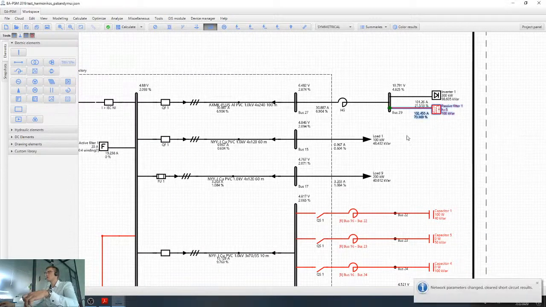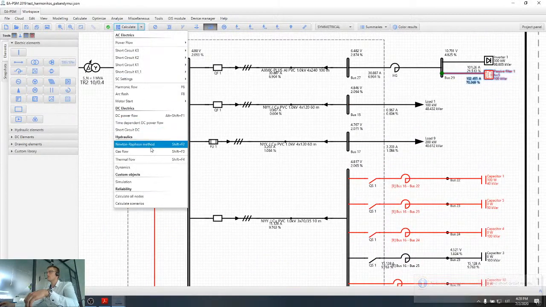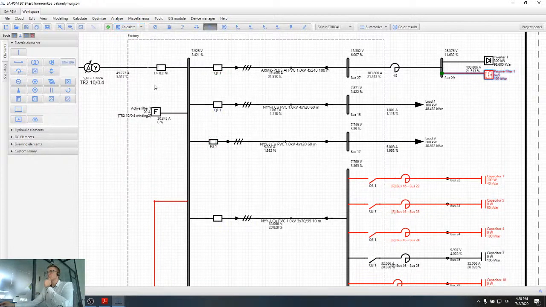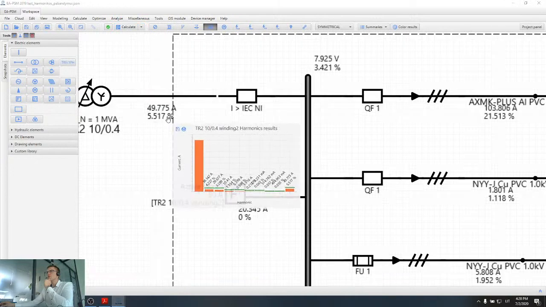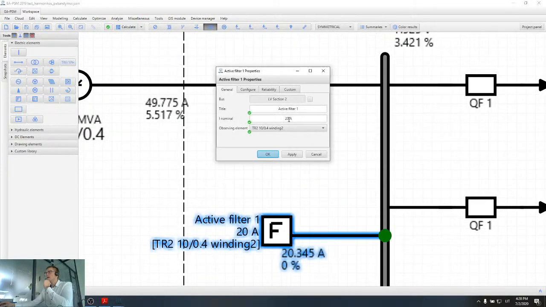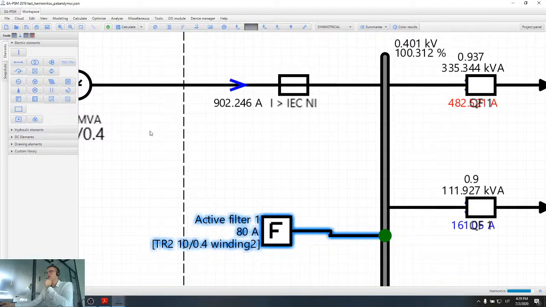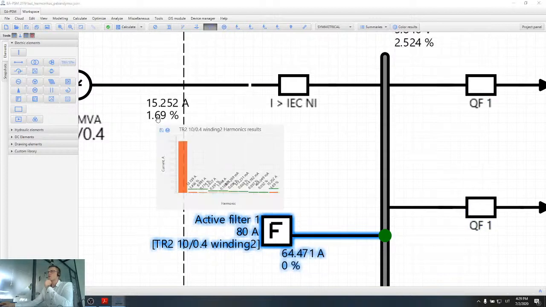If I disconnect the passive filter, let's say I leave the tuned harmonic filter, and let's calculate harmonics. Without the passive filter, harmonics are 5.5%, and let's say I add a more powerful active filter to reach 1.7%.